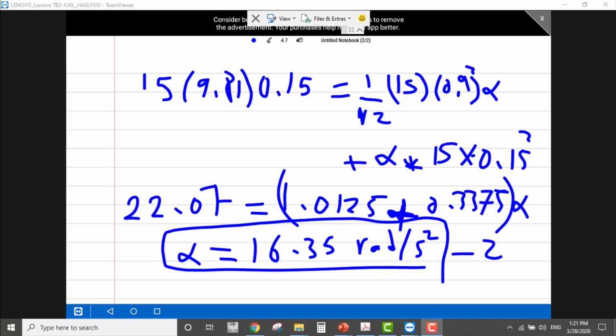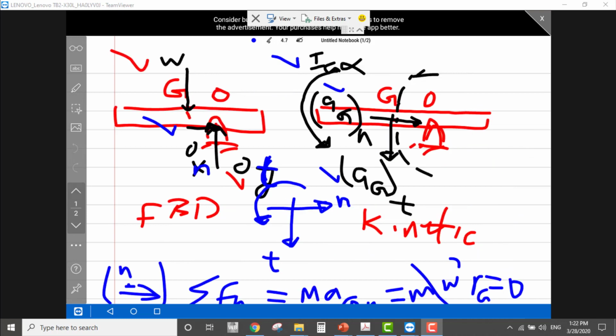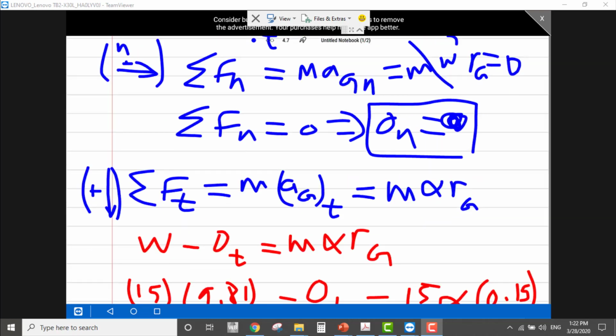Now, if we name this one 2, and the previous equation we can name it 1. This is the previous equation.